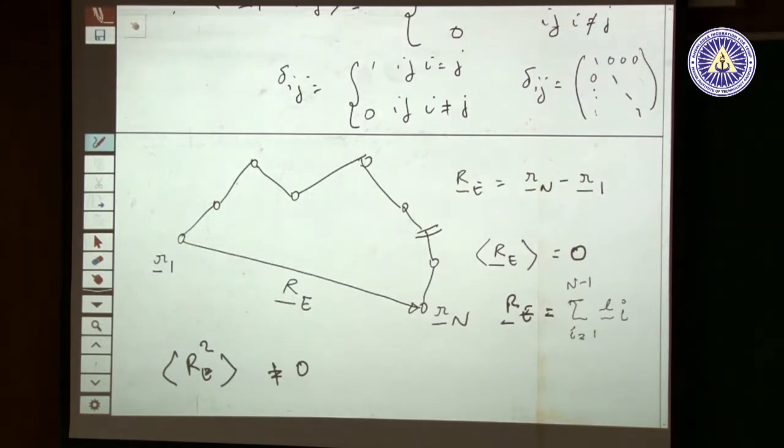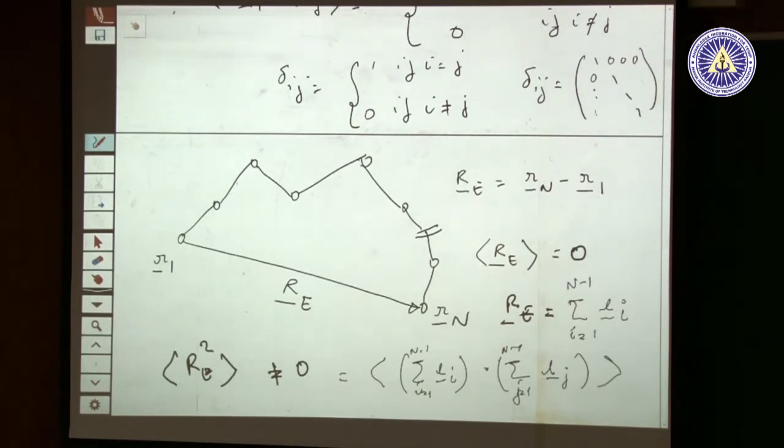So I sum them from 1 to n minus 1. So if I want to find Re squared, I could write this as the average of the sum over i of Li, from 1 to n minus 1, dotted with the sum over j of Lj from 1 to n minus 1.